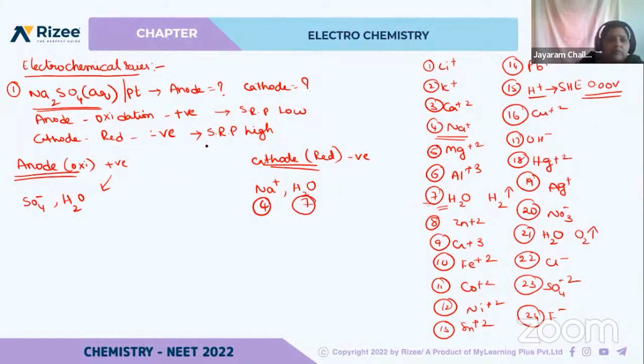So what is the phenomenon when we consider the cathode? If the SRP is high, that species undergoes reduction. So among these two, which has the higher SRP value, because we are going in increasing order of SRP? Compared to number 4, number 7 has a high SRP.